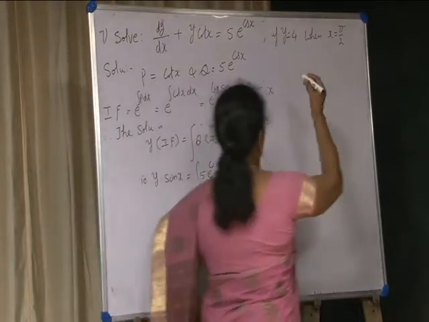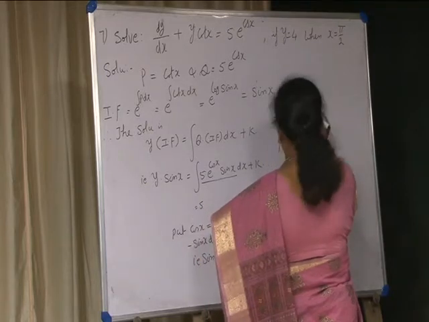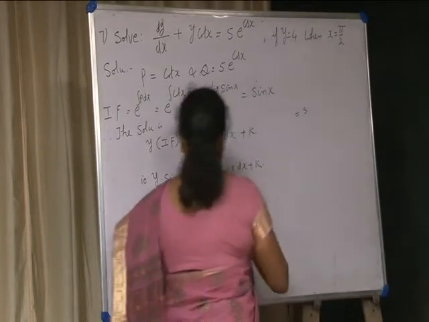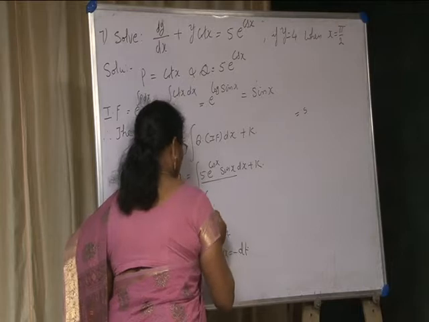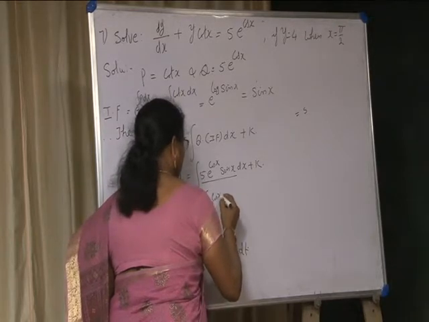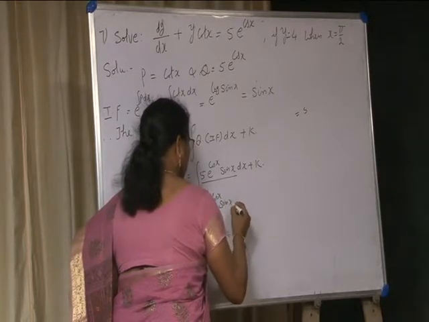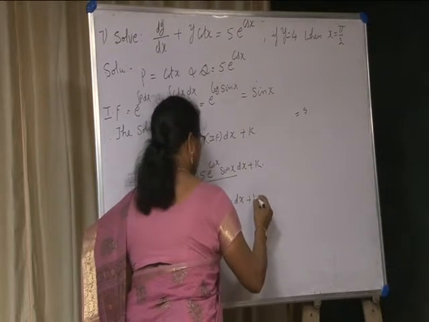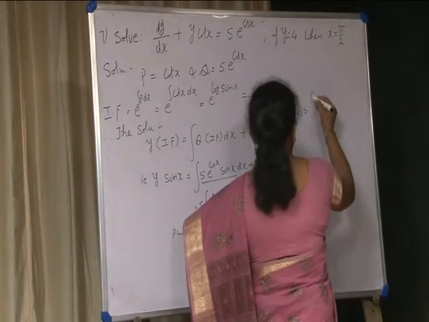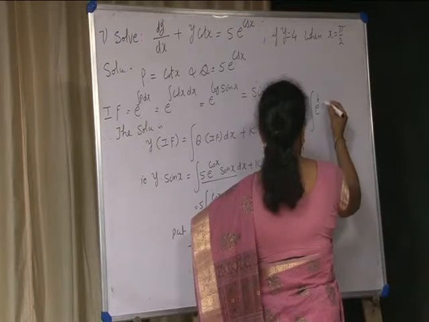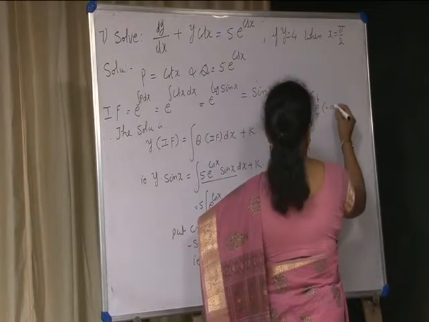This is equal to 5 times integration of e to the power of t into minus dt.